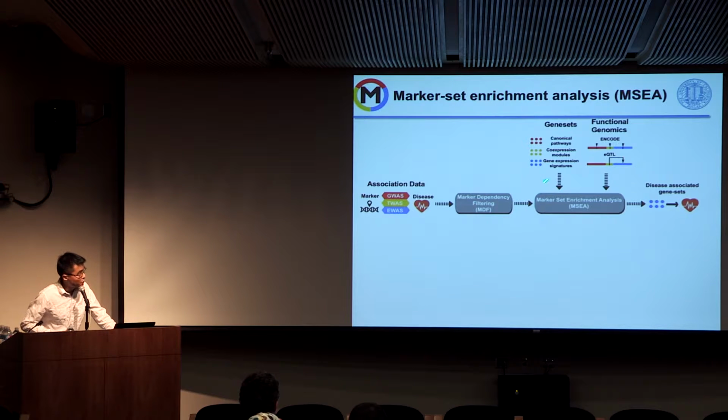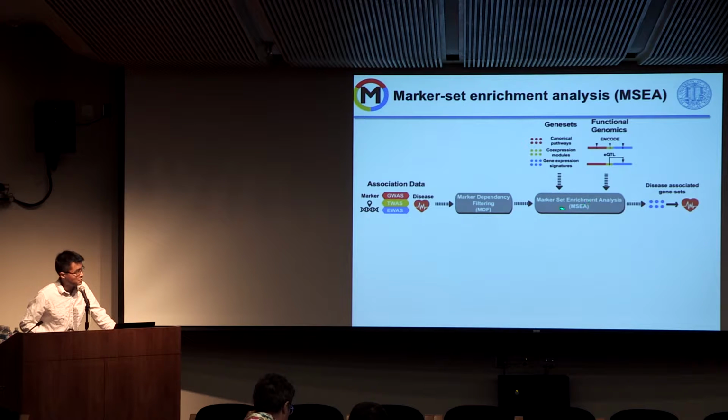After that, we integrate two levels of data. One is gene sets data, which could be either canonical pathways or co-expression modules, or simply signatures from gene expression profiling. And the second layer is functional genomics data, which could either be ENCODE data or tissue-specific eQTL data.